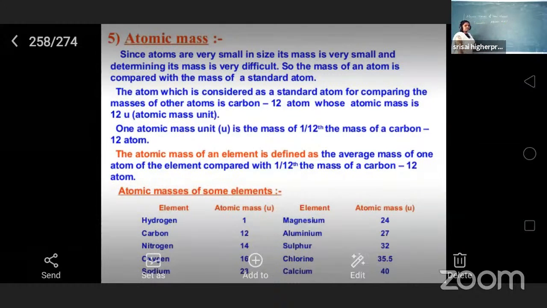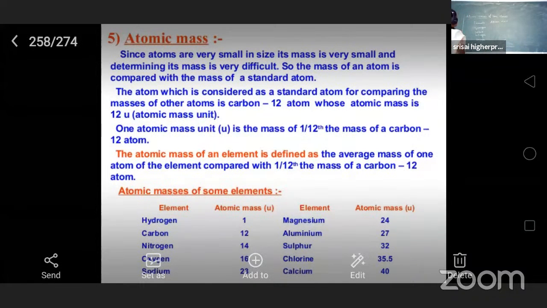First one, hydrogen, 1. Next, carbon, nitrogen, oxygen, magnesium.